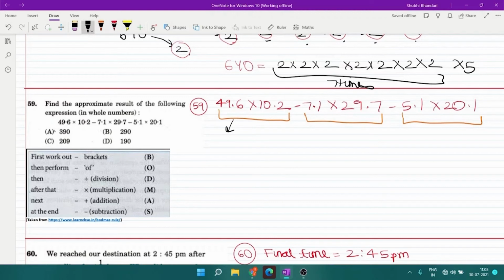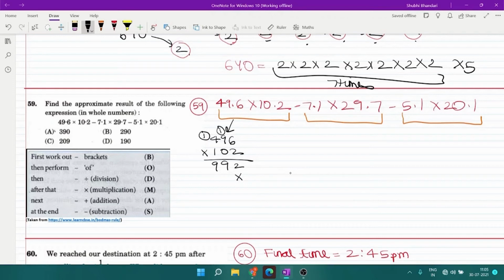First number. Now to multiply two decimals, what we can do is first of all ignore the decimals and just multiply these two numbers as they are. So 496 into 102. 6 into 2 is 12. Let's carry 1 forward. 9 into 2 is 18. 18 plus 1 is 19. 4 into 2 is 8, plus 1 is 9.